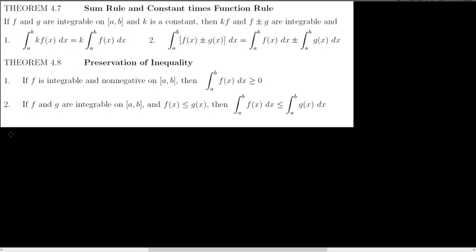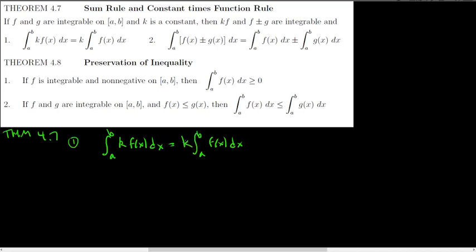So the first part, and I'm pretty much just going to copy it down here so it's maybe a little more clear if you can't read this, just says that if I have the definite integral from a to b of some constant k times the function, I can just calculate the definite integral of the function itself and then multiply that whole number by k.